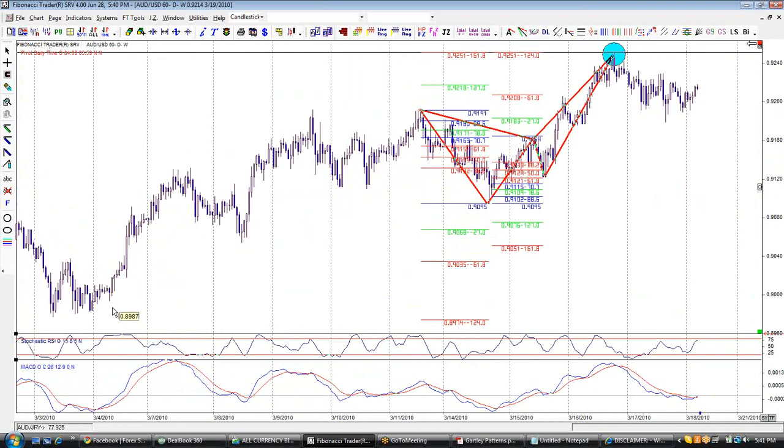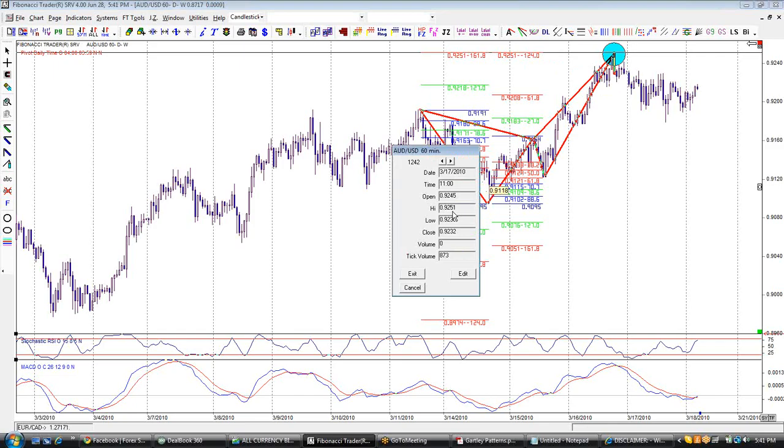Now this is our pattern. Price has been in an uptrend. Here is the 1618 with 124 convergence. You can see we have perfect convergence to the pip. 0.9251, 0.9251.